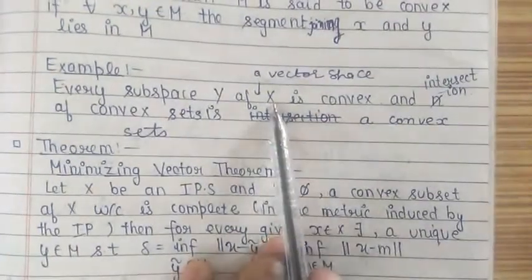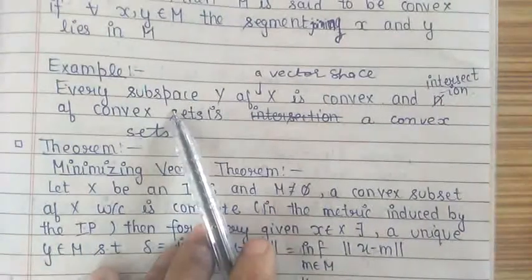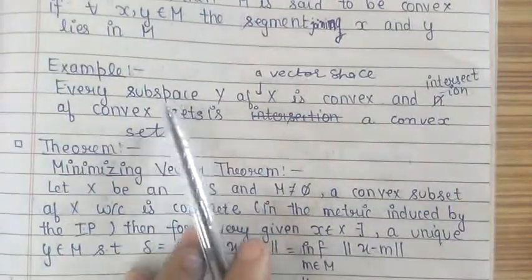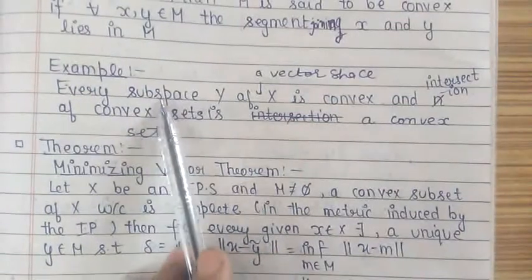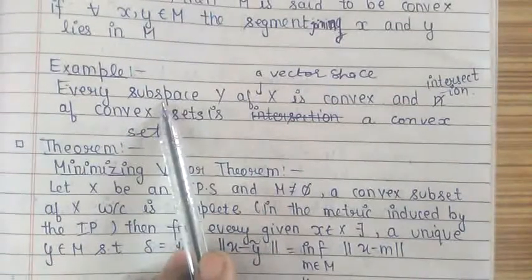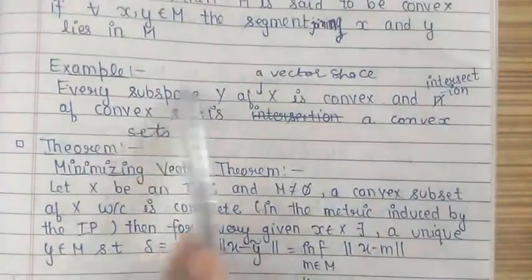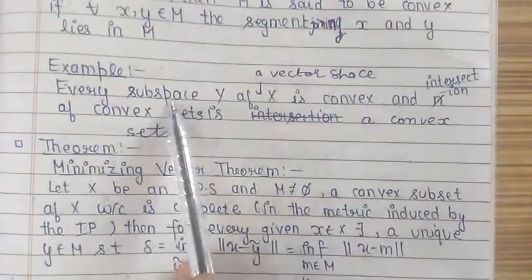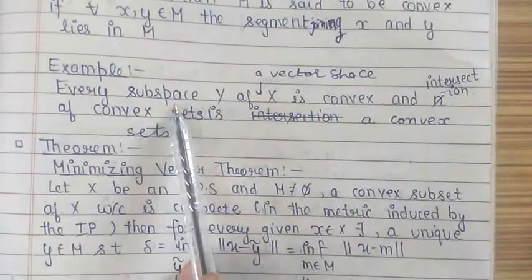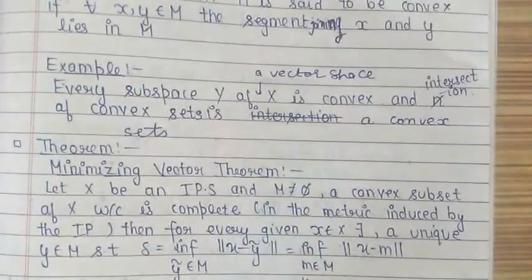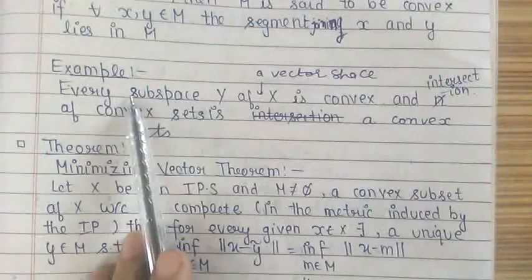For example, if we take a vector space X and we take its subspace, then by definition of subspace, if we take x and y belonging to the subspace, then alpha x plus (1 minus alpha) y will belong to the subspace. So we can say that a subspace in a vector space is a convex set.